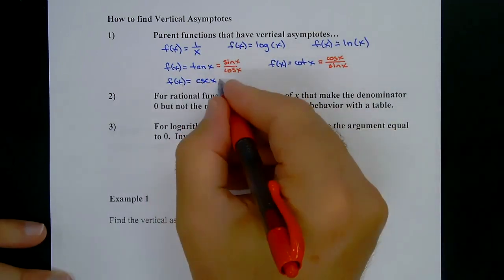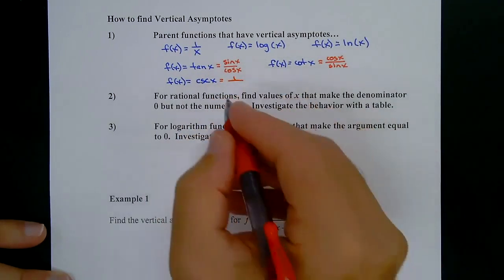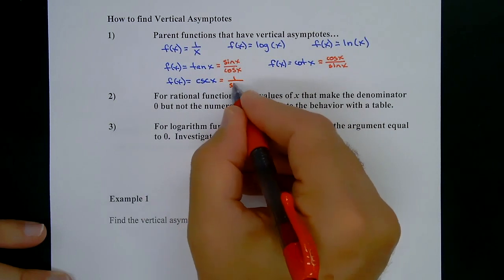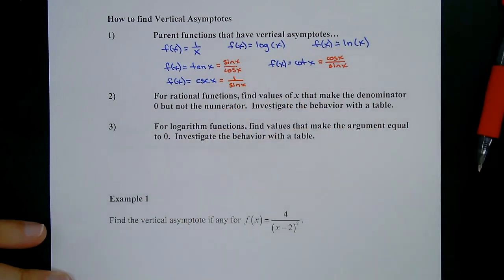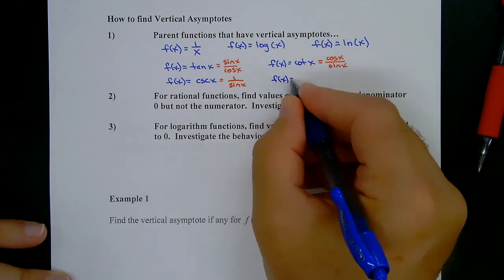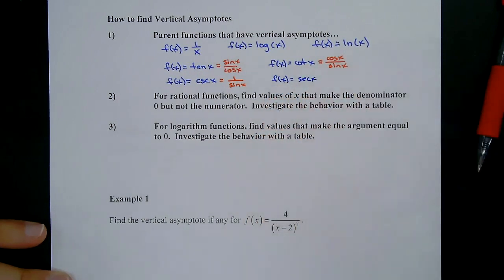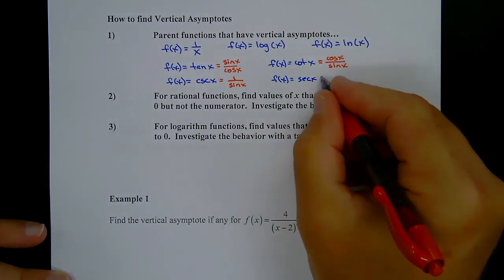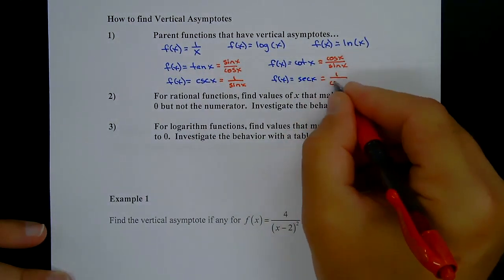Why is that one? Because you could have 1 over sine of x. Cosecant x is the same as 1 over sine x. f of x is equal to secant x. Why is that one going to have a vertical asymptote? It's 1 over cosine of x.